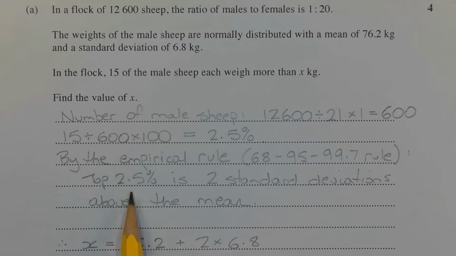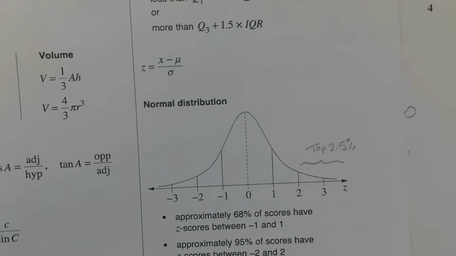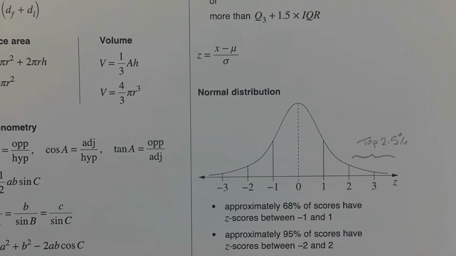The top 2.5% corresponds to 2 standard deviations above the mean. So looking at the normal distribution, this is the top 2.5% there, and that occurs above Z equals 2.